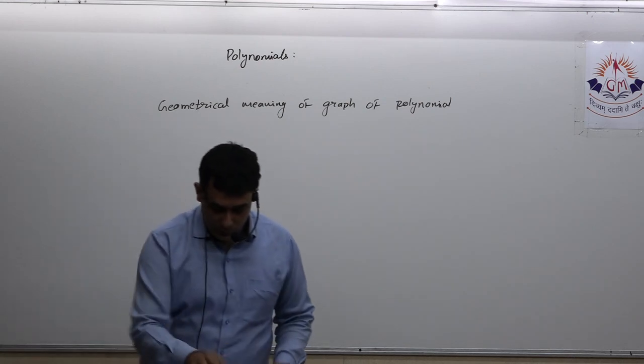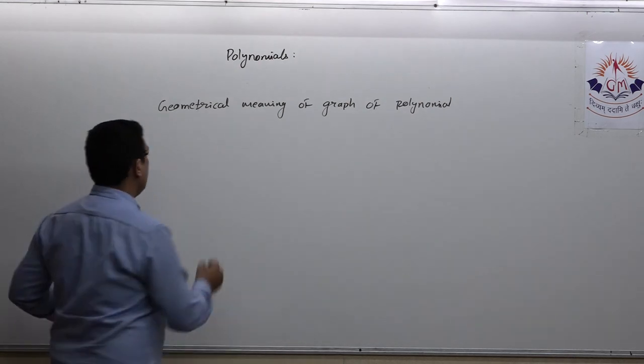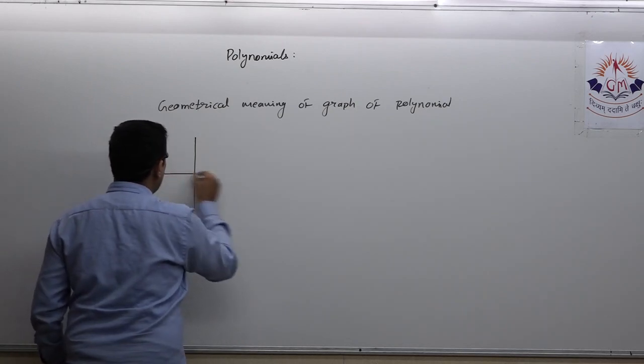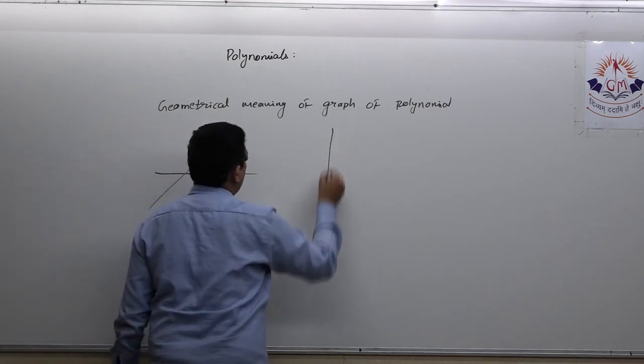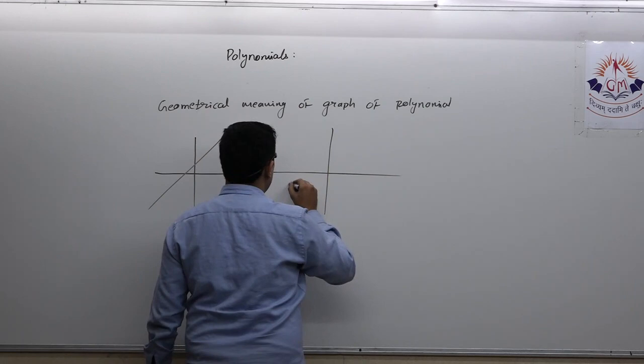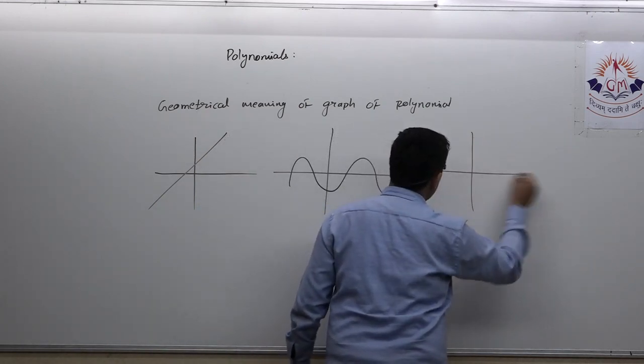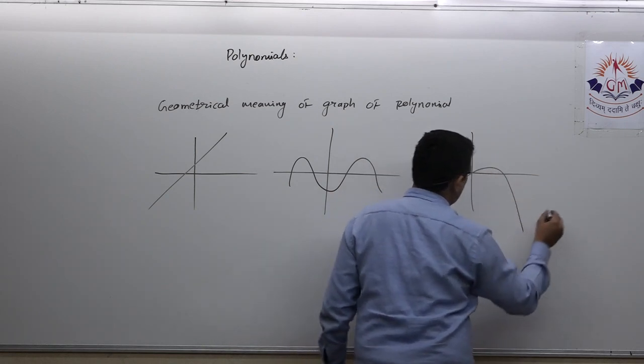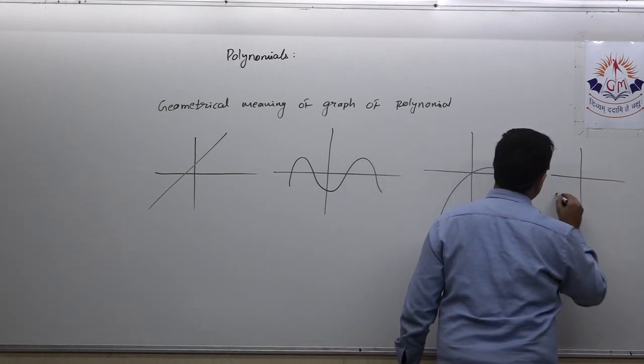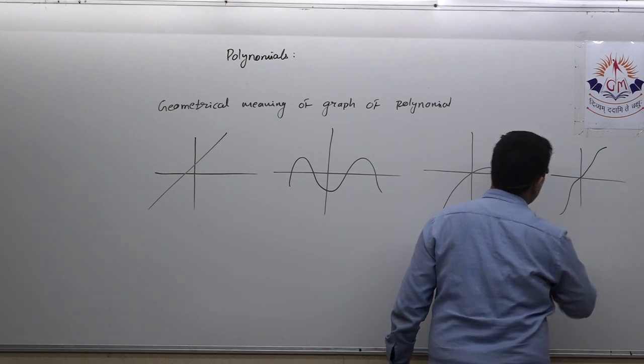Now which type of questions can be asked in this? Some graphs will be given to you. For example, this is one graph, this is the second graph, this is the third graph, this is the fourth graph.